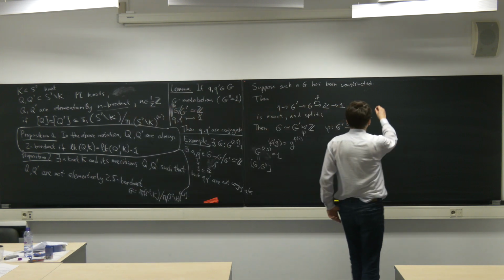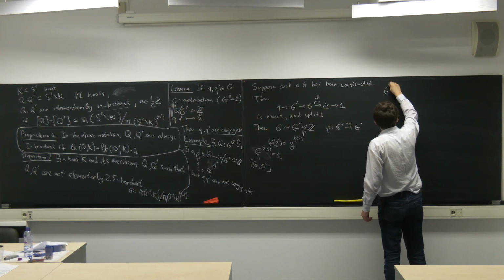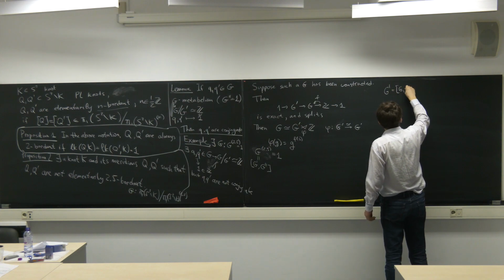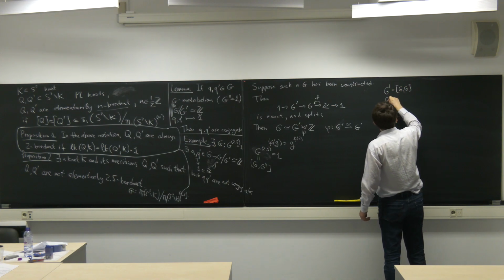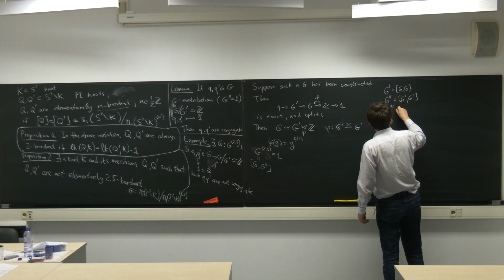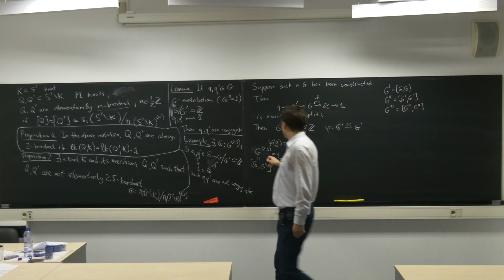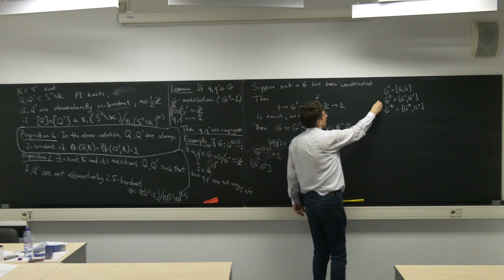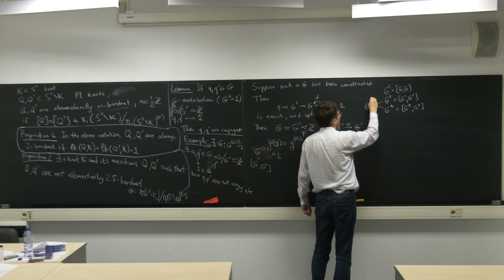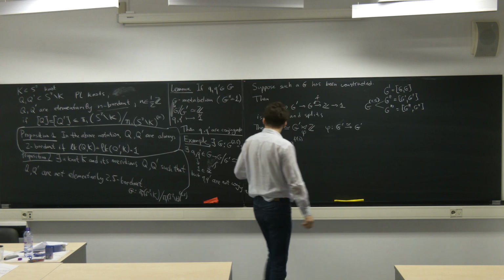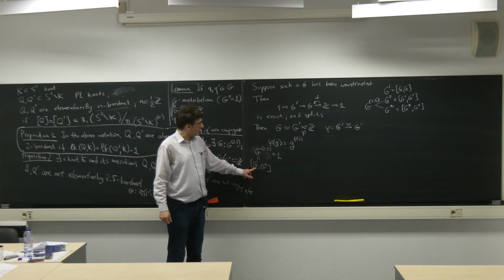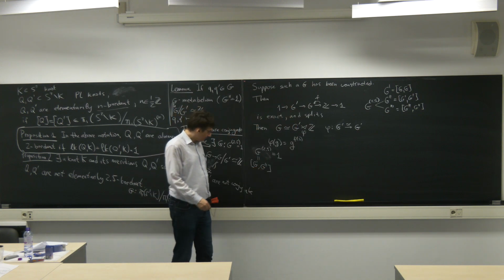So maybe I should recall that G prime is the commutator subgroup of G and G, and G double prime is the commutator subgroup of G prime and G prime, and G triple prime is the commutator subgroup of G double prime and G double prime. And this G 2.5 is between these two. And namely it is the commutator subgroup of G prime and G double prime.